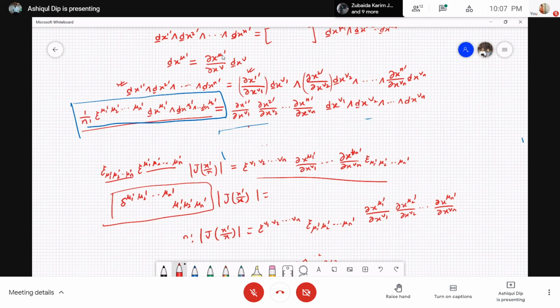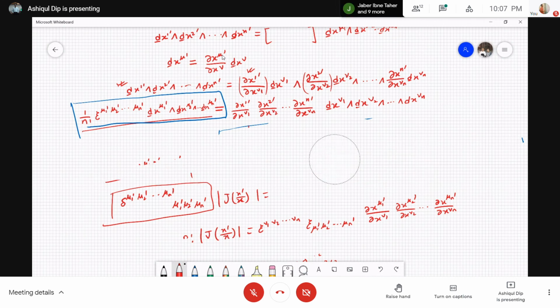So what we can do is multiply both sides in a similar manner by e with contracted index, right? Okay, so let me do this part first. We have 1 over n factorial, then e mu1 prime mu2 prime up to mu n prime, then dx mu1, dx mu2 up to dx mu n.